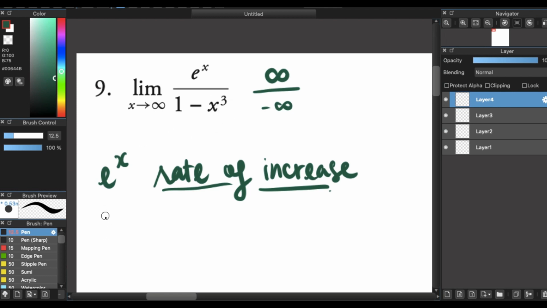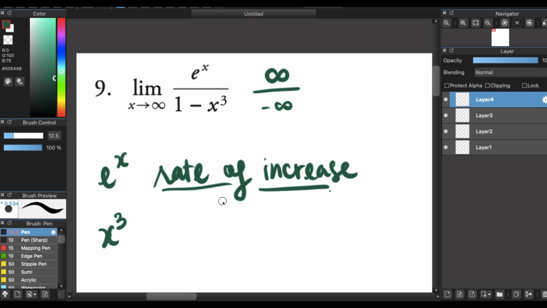And we're going to take a look at x to the power of 3, and what do you see here? It's increasing at a much slower rate, right?